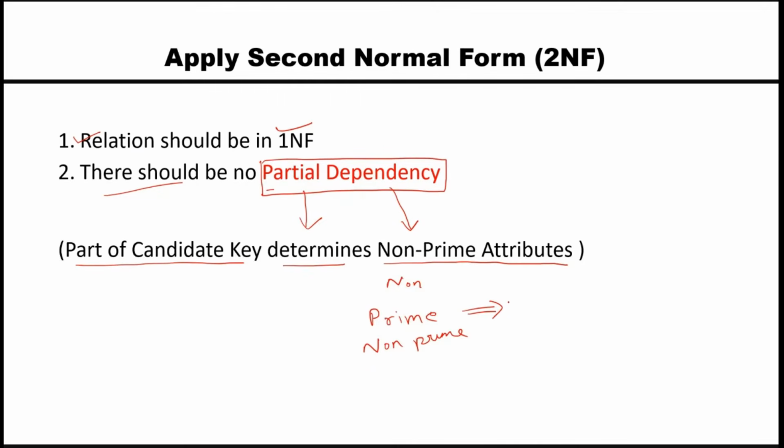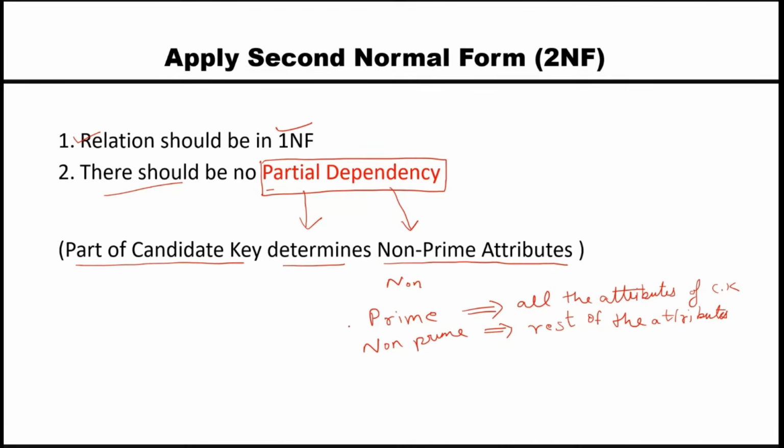The simple definition for prime attributes: all the attributes of a candidate key, CK being the candidate key. And non-prime attributes are the rest of the attributes which are not part of a candidate key.